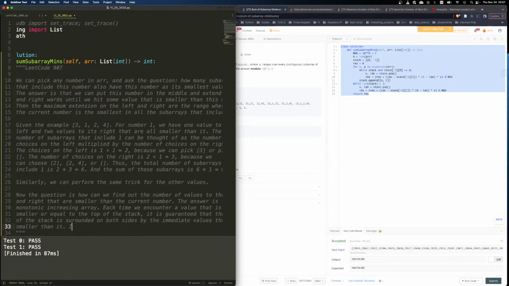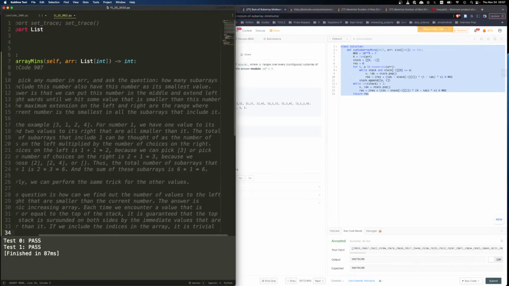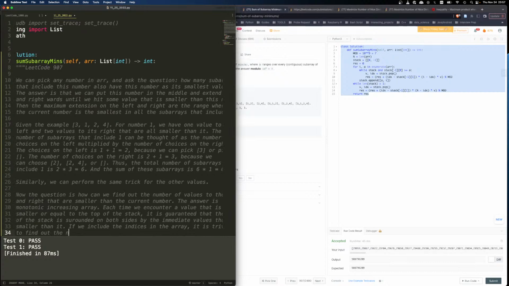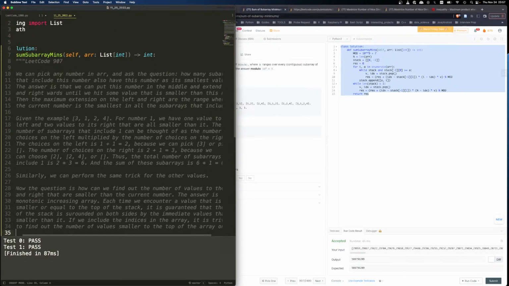If we include the indices in the array, it is trivial to find out the number of values smaller than the top of the array on its left and right.